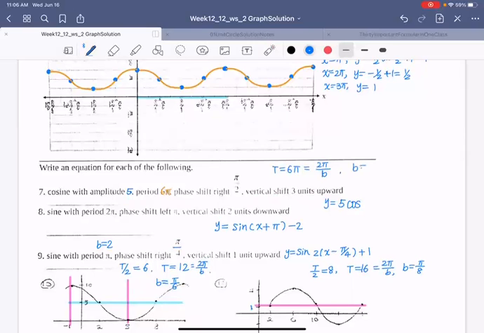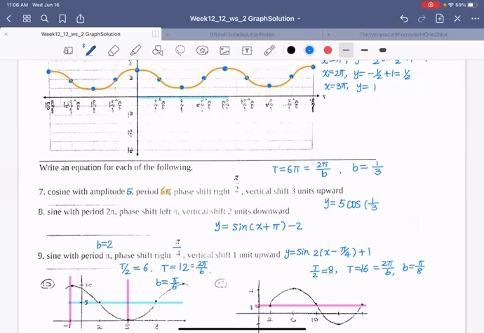So b equals? And b would be 3, I think. Hold on. If b is 3, that's not equal. Oh yeah, it was 1 over 3. Thank you.